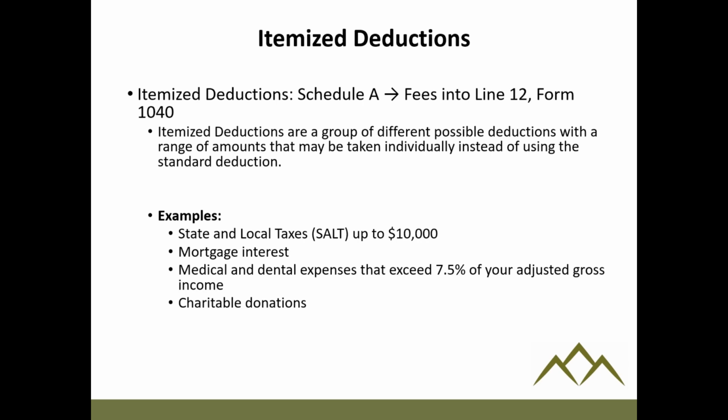Mortgage interest gets deducted here. Medical and dental expenses and vision as well, to that point, that exceed 7.5% of your adjusted gross income. So this is one of those calculations I was referring to previously where your adjusted gross income is important, because your adjusted gross income is what is going to set a floor that allows you to either get some benefit in deducting your medical expenses or prevent you from getting any benefit in deducting your medical expenses.